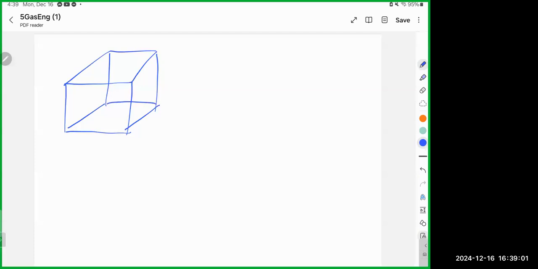If there is some liquid here and gas over the surface of the liquid, gas here and liquid here.